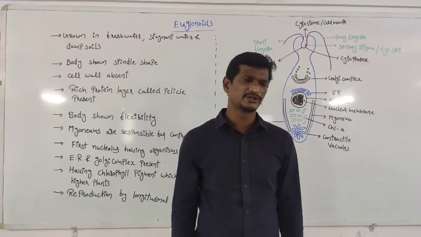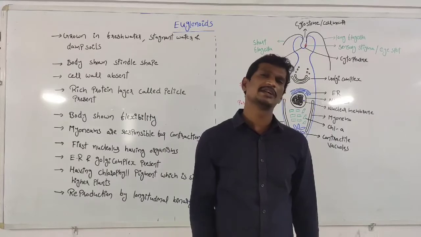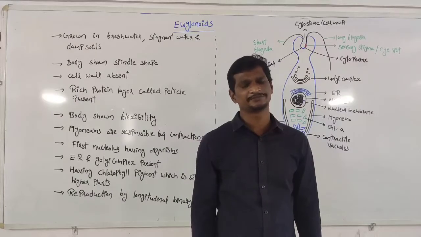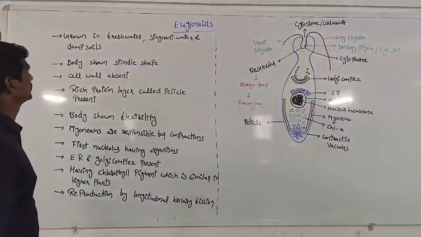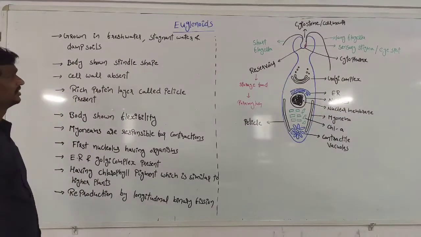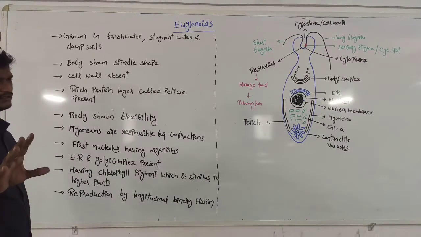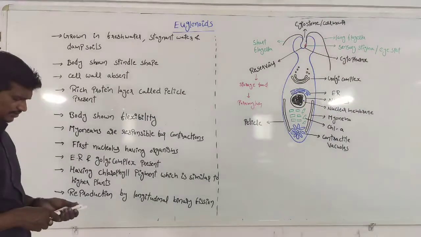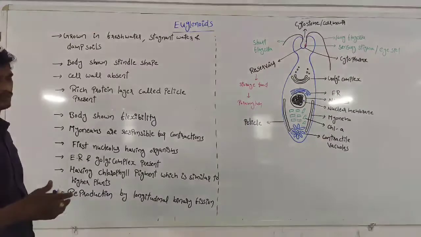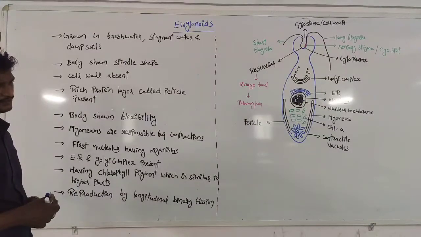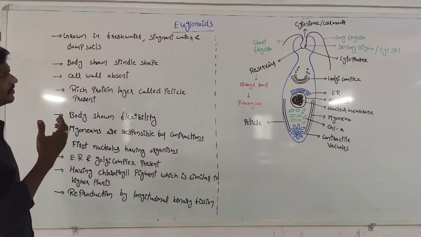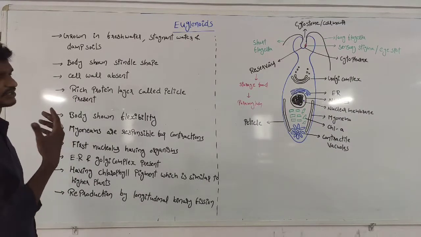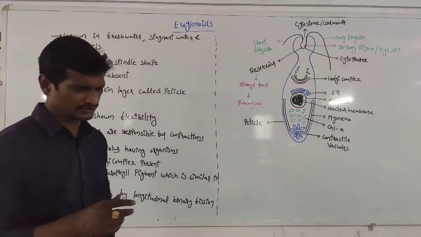Euglena is a unicellular eukaryotic organism. Most of these eukaryotes grow in fresh water, stagnant water and damp soils.